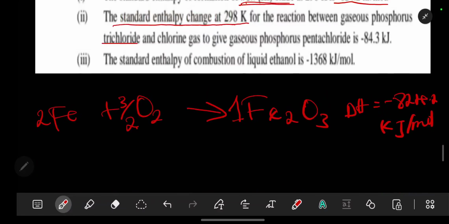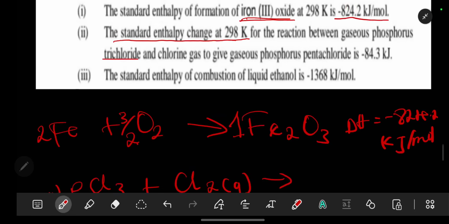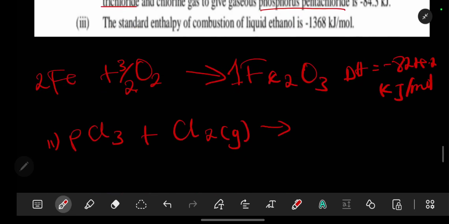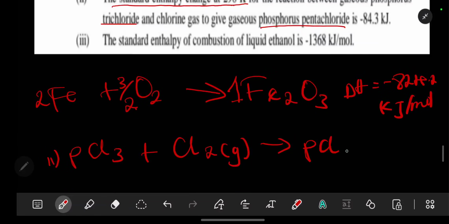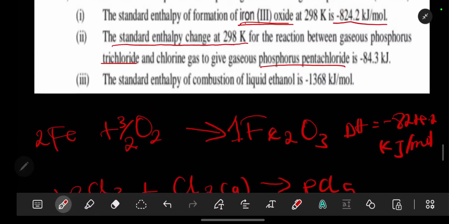The second one is our PCl3, so it will be 3 chlorines, plus the chlorine gas. Chlorine is diatomic, so we are going to have 2 of them to form that. Then this will give us phosphorus pentachloride, which will be PCl5.